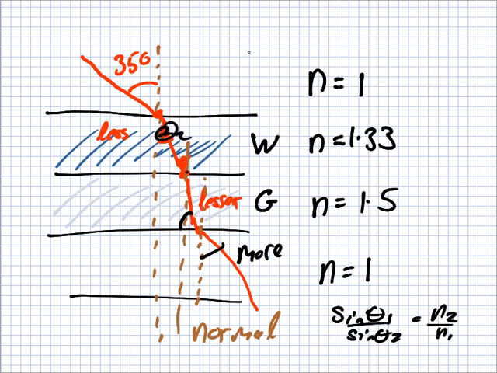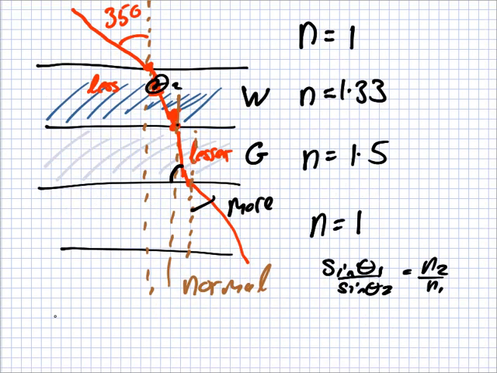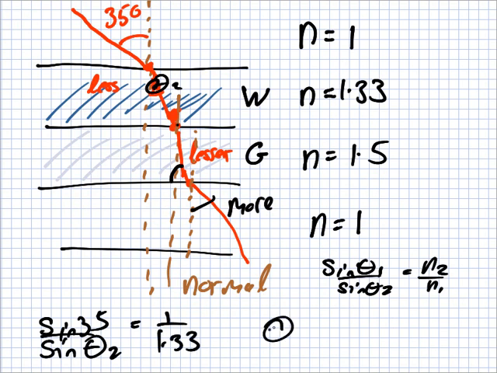Because of the alternate angles, the Z. Right, so sine 35 over sine theta 2 equals 1 over 1.33. This gives me theta 2. 25 sounds about right. 25.